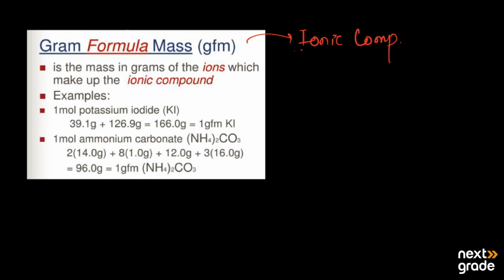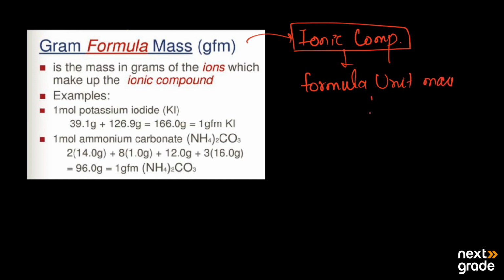The ionic compounds are made up of ions, and when we express their formula unit mass in the form of grams, then this is known as gram formula mass, or we can call it GFM. So basically, it is the mass in grams of the ions which are making up the ionic compound. So basically, it is for the ionic compounds.